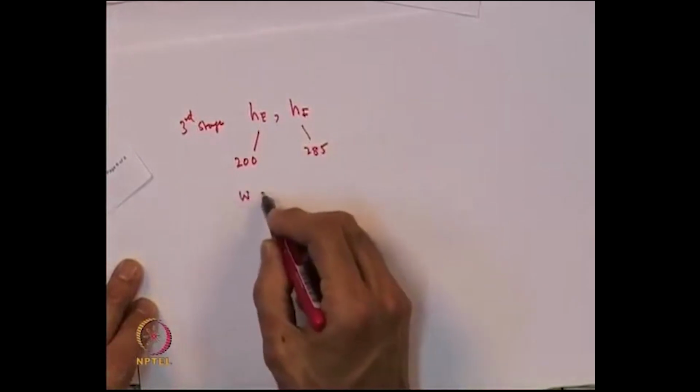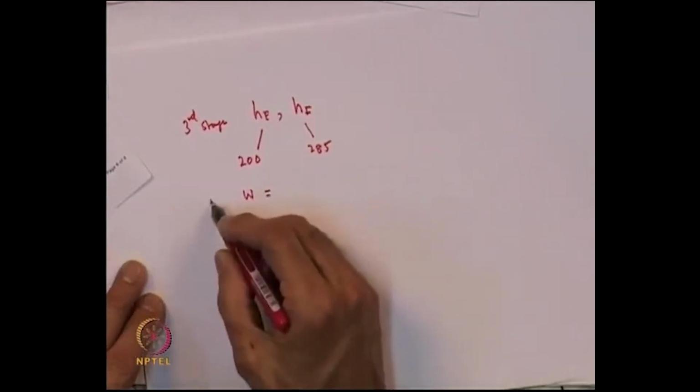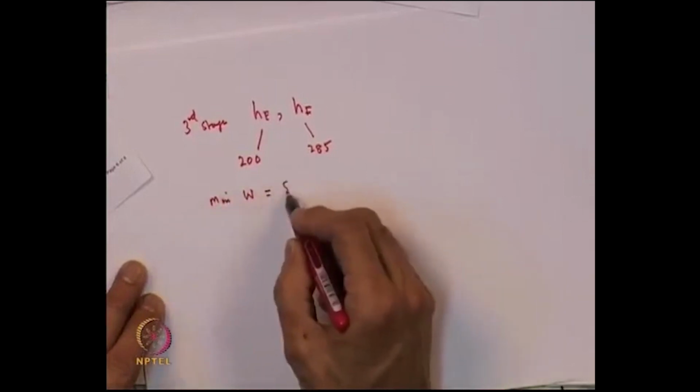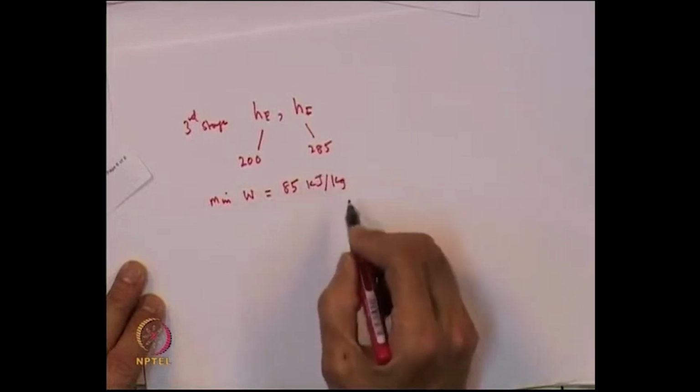So, we concluded that the work was equal to, remember this is minimum work, 85 kilojoules per kg.